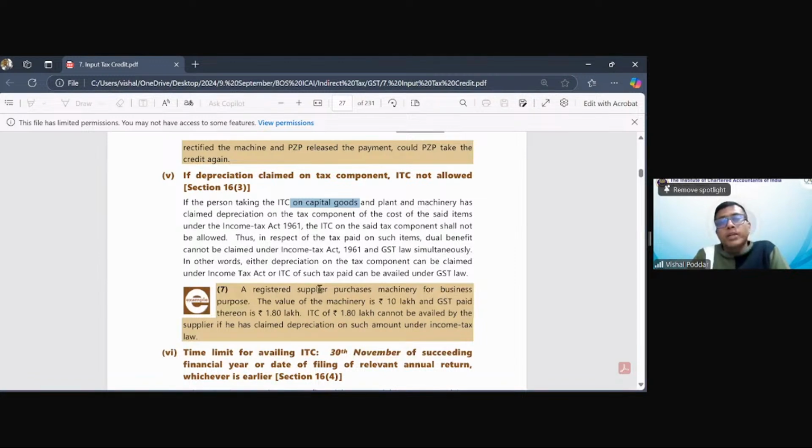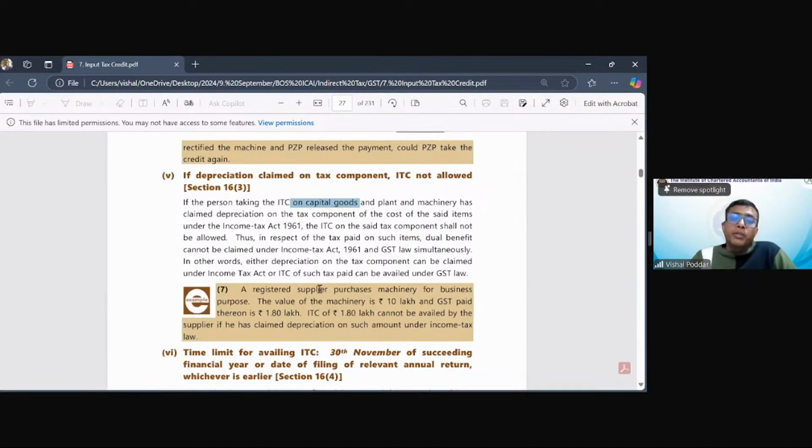In this particular case, when I am claiming this ITC, I have to ensure that in my books of accounts I am only capitalizing 1 crore, not the 12 lakhs, that is the GST component. If I have capitalized in my books 1 crore 12 lakhs, that is along with the GST component, what will happen? I will be taking depreciation on that GST component.